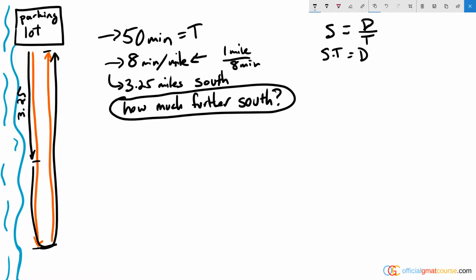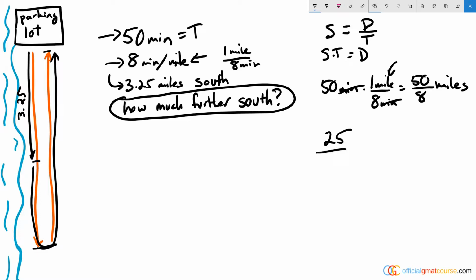So the time is 50 minutes. If I multiply that by 1 mile per 8 minutes, I end up with 50 over 8. And the minutes cancel, and I'm left with just the unit of miles. So I have 50 over 8 miles. And that simplifies to 25 over 4 miles.